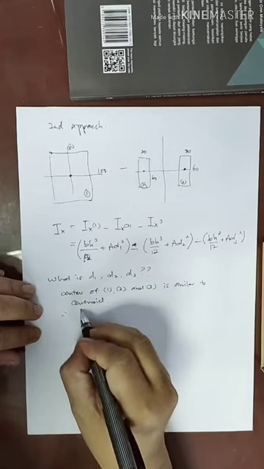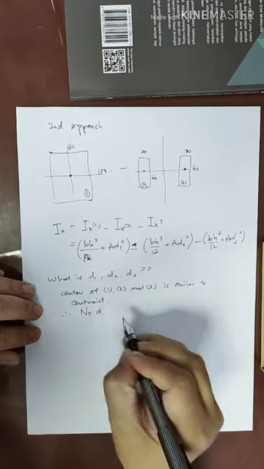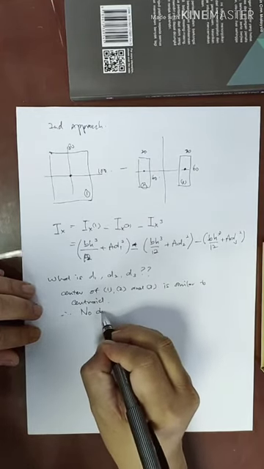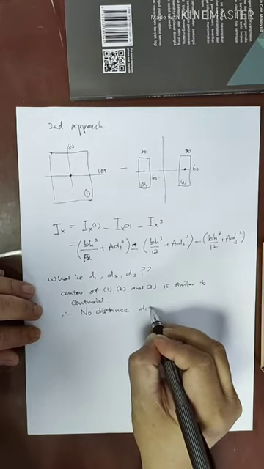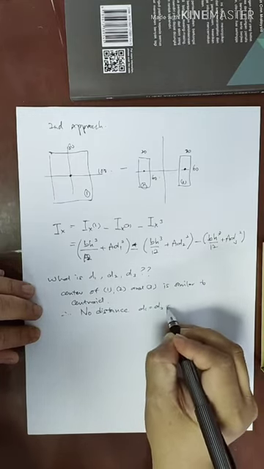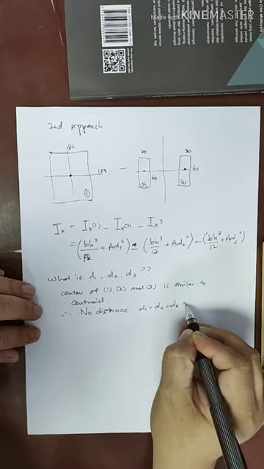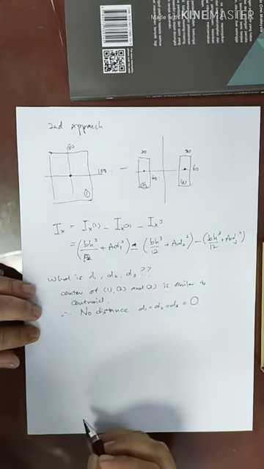Therefore, there is no distance. So D1 equals D2 equals D3 equals 0.